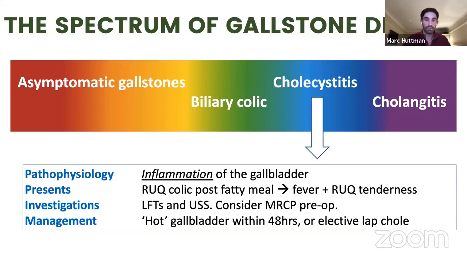Over the last decade or so, there have been conversations in the literature about whether that should be done electively once the bout of cholecystitis has died off, or whether it should be done in the acute phase. Most people that I've seen and most things that are written about now advocate for what they call hot gallbladders, so taking out the gallbladder during the active phase of inflammation. But that should really only be done in the first 48 hours or so.